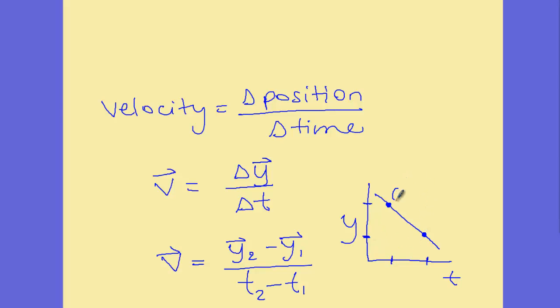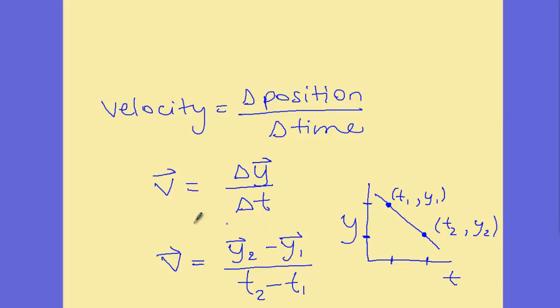So you can think of this point as time 1, comma, y1, and this one is time 2, comma, y2. So you have your change in y over your change in t is your rise over run, or your velocity, change in position over time.